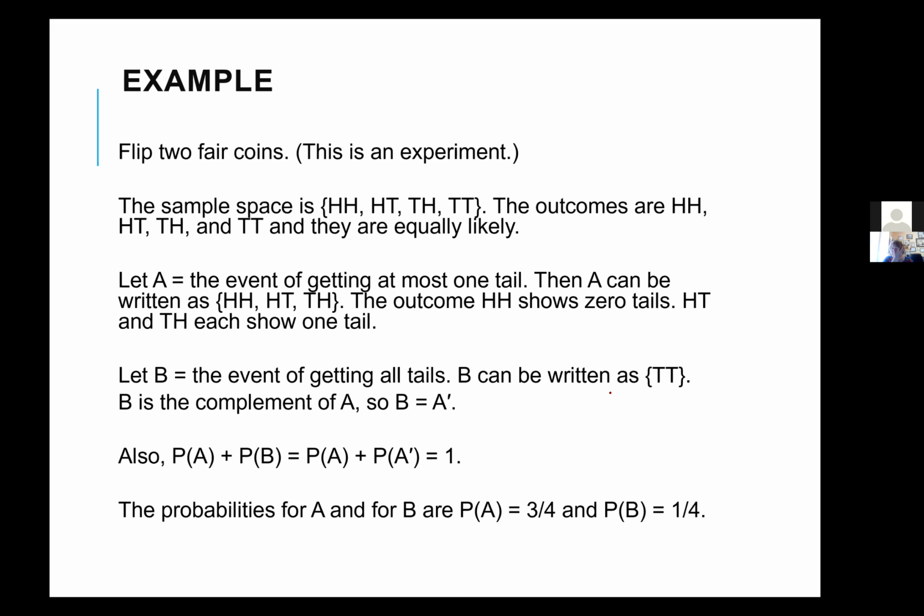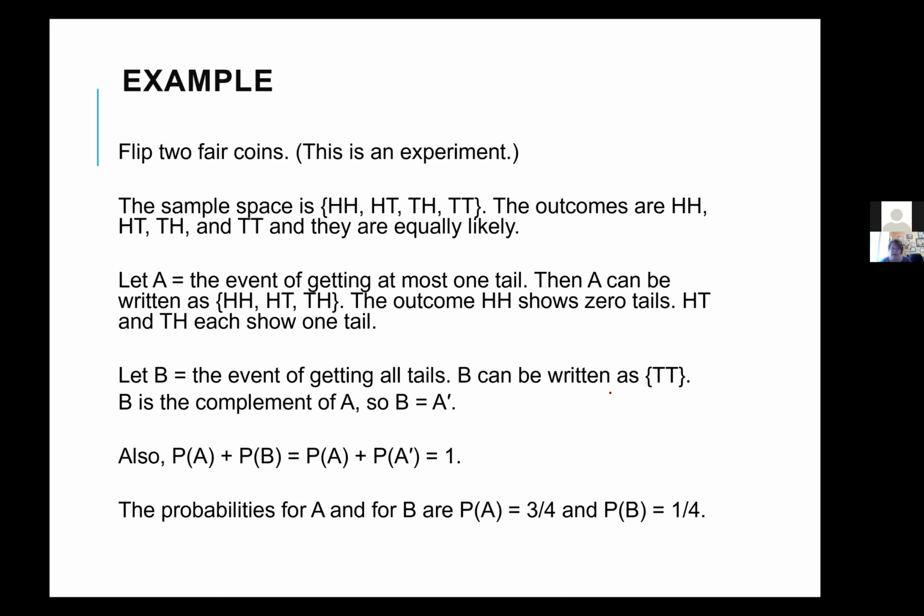So the only outcome in the sample space that you would remove from event A would be getting 2 tails, because 2 tails is more than 1 tail. So the outcome head head shows 0 tails, head tail and tail head each show 1 tail. So A is the event head head, head tail, tail head.